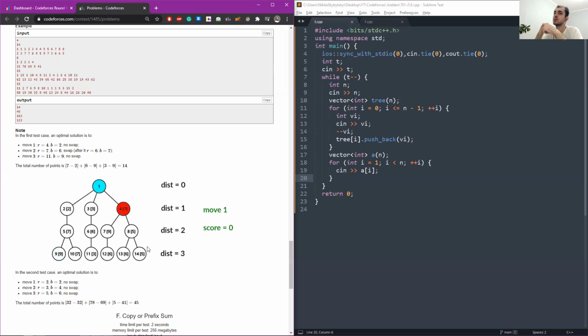Let's think. The position of the red coin matters, the position of the blue coin does not. So for each vertex we compute the DP, the best score given that the red coin is in it. We can compute it from leaves to root or from root to leaves, I don't really care.